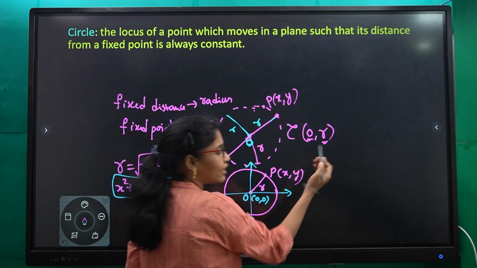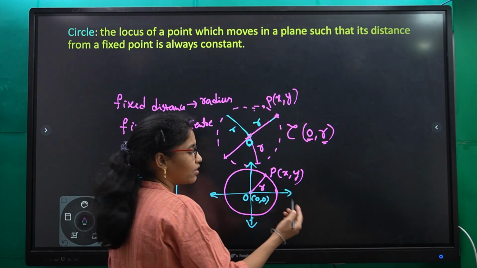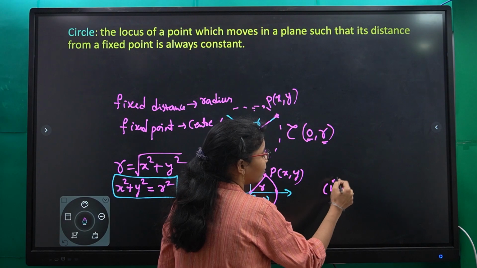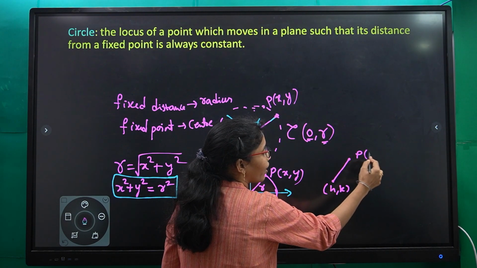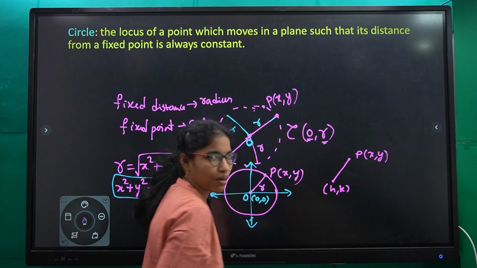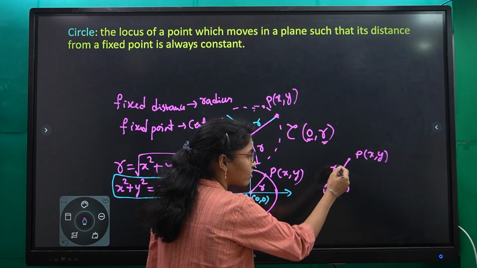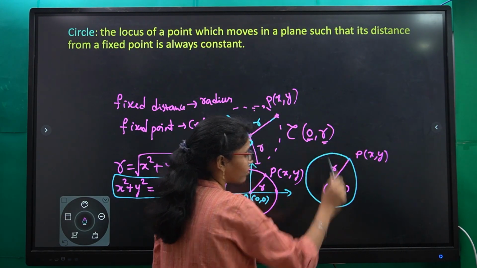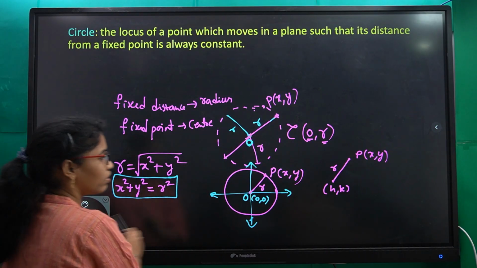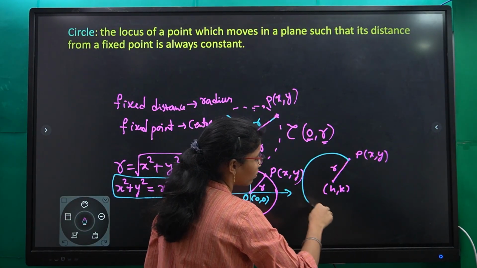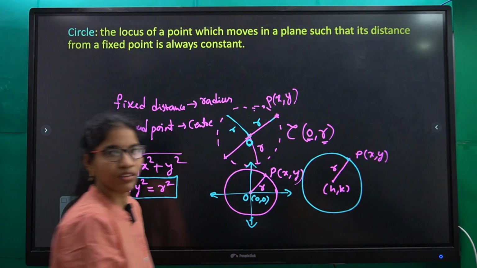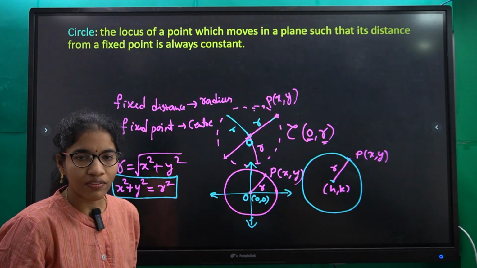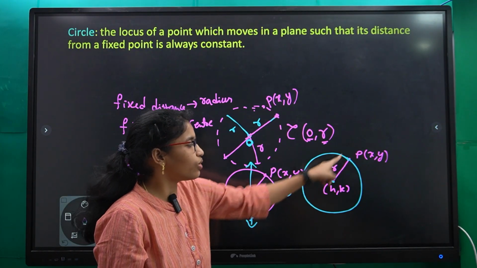Suppose the center is not the origin, but some other point, h comma k. H comma k is the center, and here P is the locus point, you can take x comma y, right? This is the fixed distance and P is rotating like this. Now what is the equation? What is the distance between these two? r.